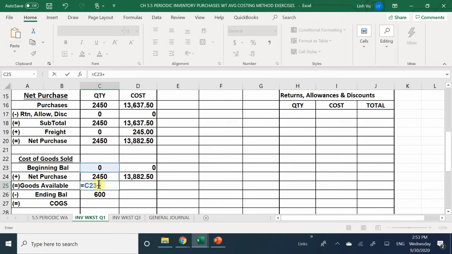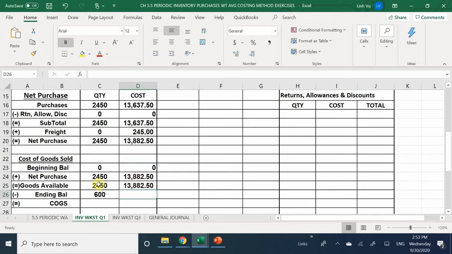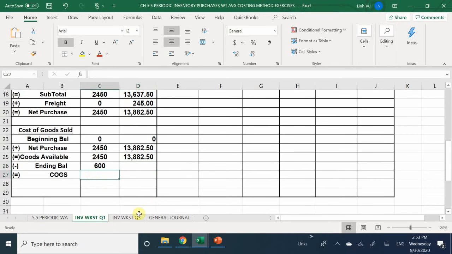Now that we know that we have ending inventory of 600, how many items did we actually sell? We sold 1,850. Good.